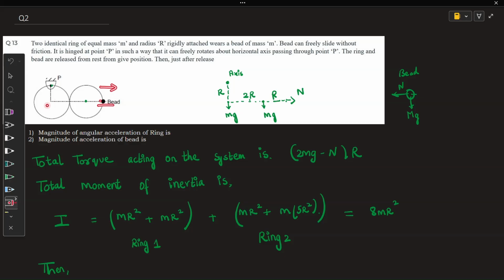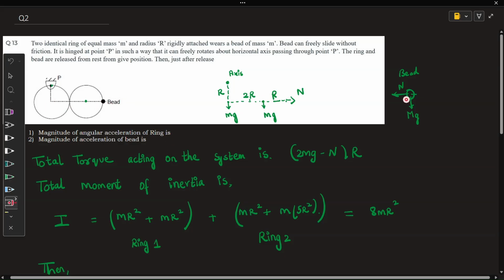The acceleration of the bead in x direction as well as the two-ring weldment. The acceleration of the bead in x direction is N by m, correct? The same acceleration is given for this system in x direction. So the whole system in x direction experiences r alpha, because the acceleration should be perpendicular to the radius.